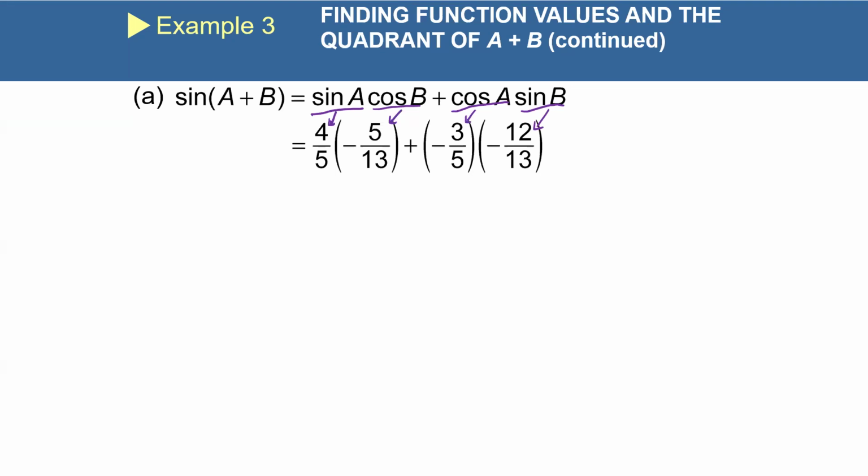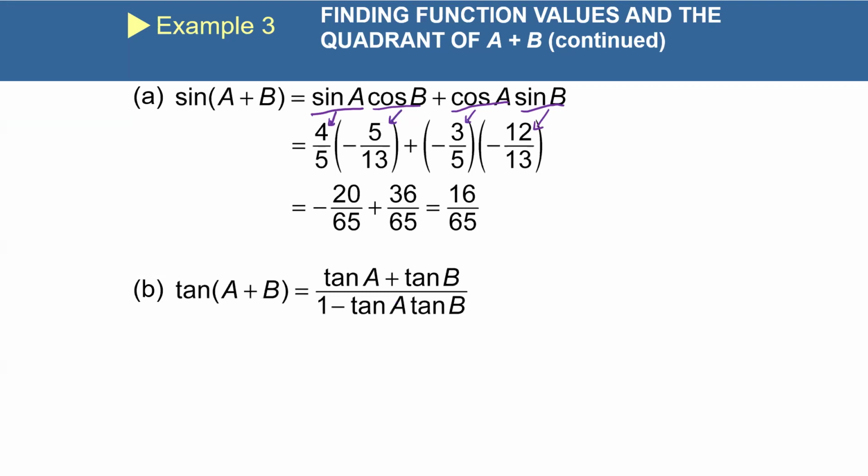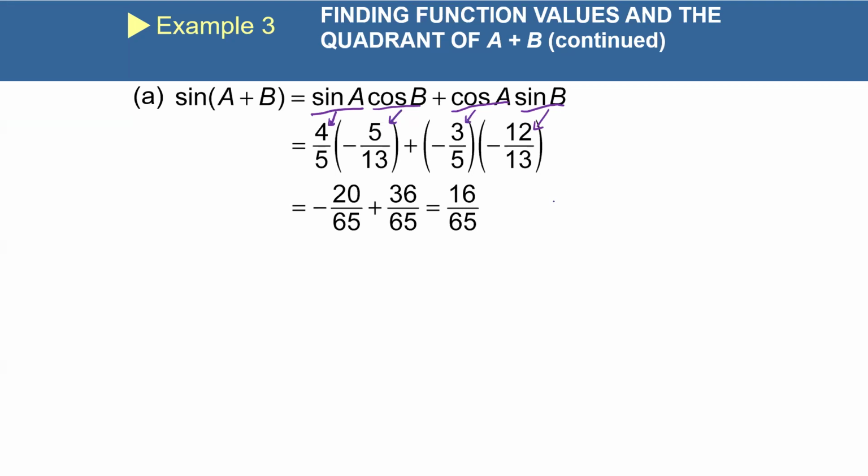We're going to multiply and combine. So we end up with -20/65 plus 36/65, which equals 16/65. So we have a positive sign. So from here, we know that sine of A plus B is positive. That narrows it down to our angle being in either quadrant 1 or quadrant 2.